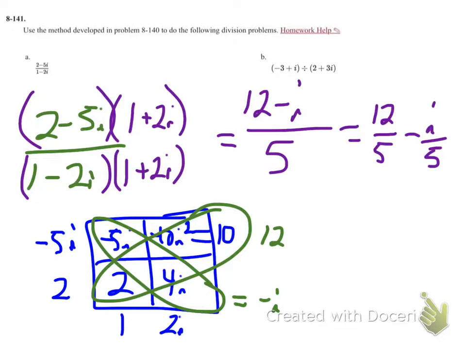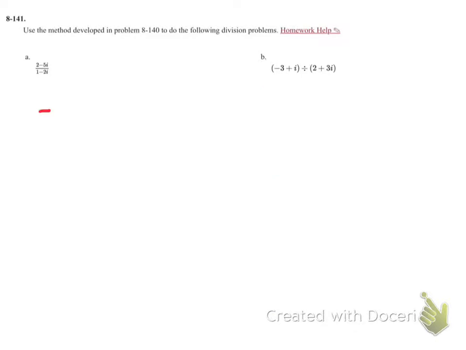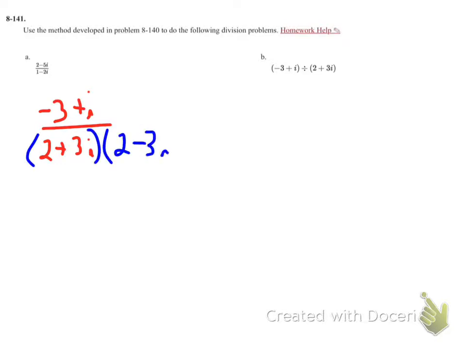I'm going to do the same thing with problem B. So I have a negative 3 plus i divided by 2 plus 3i. So I'm going to write it now as a fraction. My conjugate for the denominator is going to be 2 minus 3i.